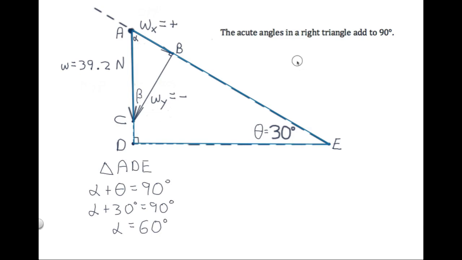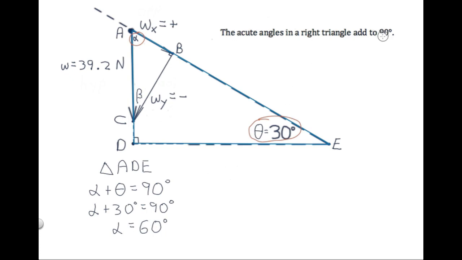Now we're going to use the geometry fact that the acute angles in a right triangle add up to 90 degrees. Well, alpha and theta are the acute angles in this large right triangle outlined in color. So alpha plus theta must add up to 90 degrees. And since we already know that theta is 30, that means that alpha must be 60 degrees.